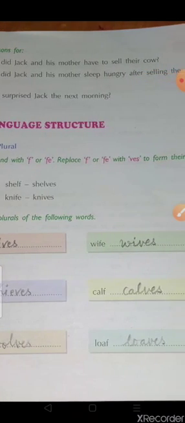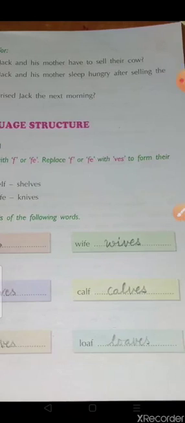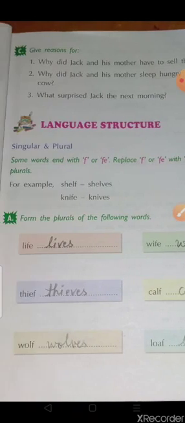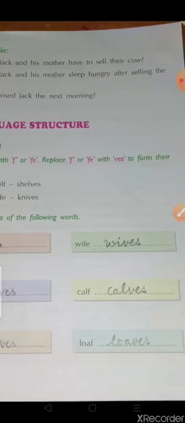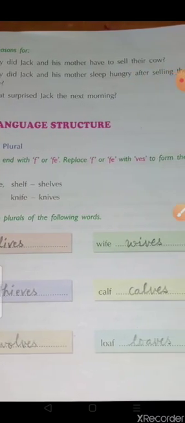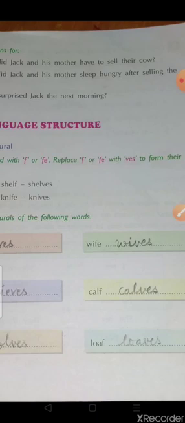Replace F or FE with VES to form their plurals. So write it in your copy.